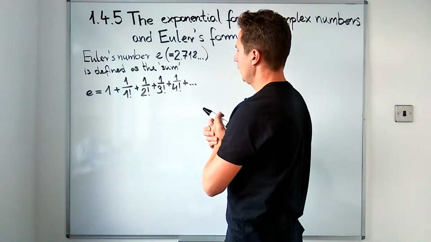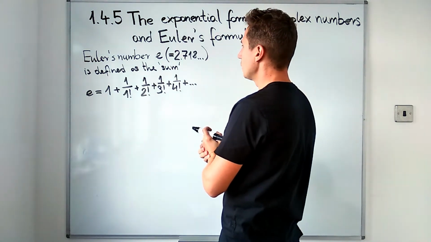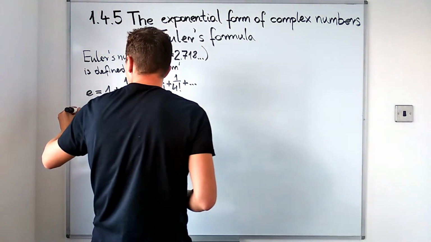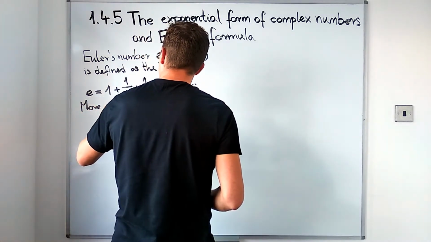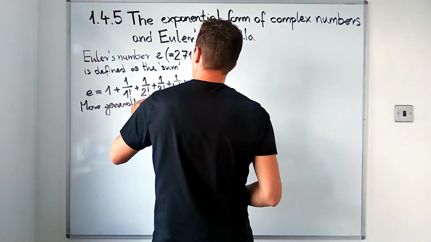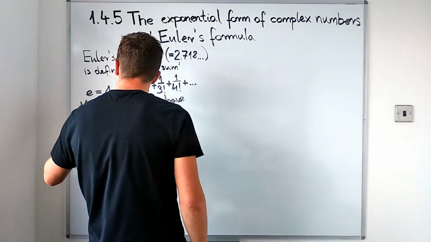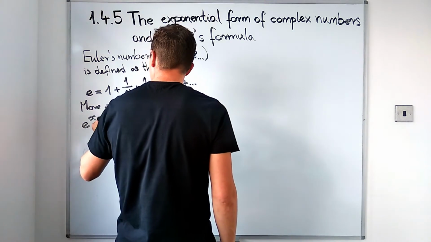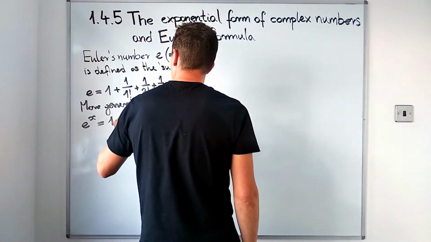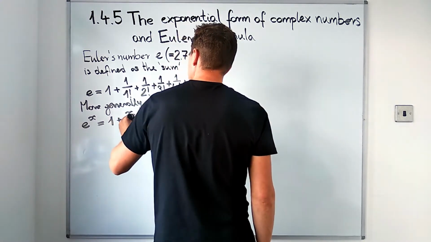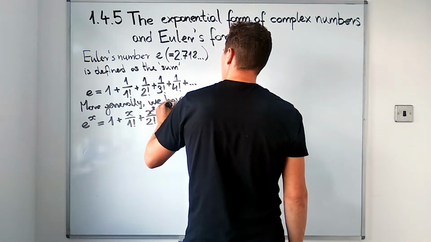Now I just want you to see this way of expressing or defining e, and in fact more generally we have the following. The exponential of any real number x can be written as 1 plus x over 1 factorial plus x squared over 2 factorial plus x cubed over 3 factorial.